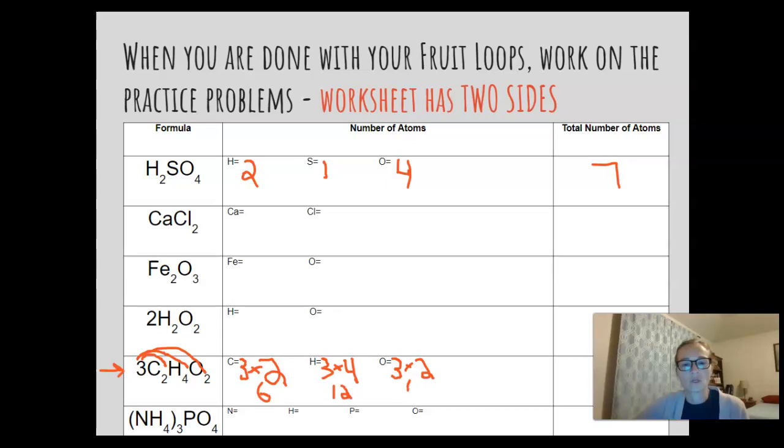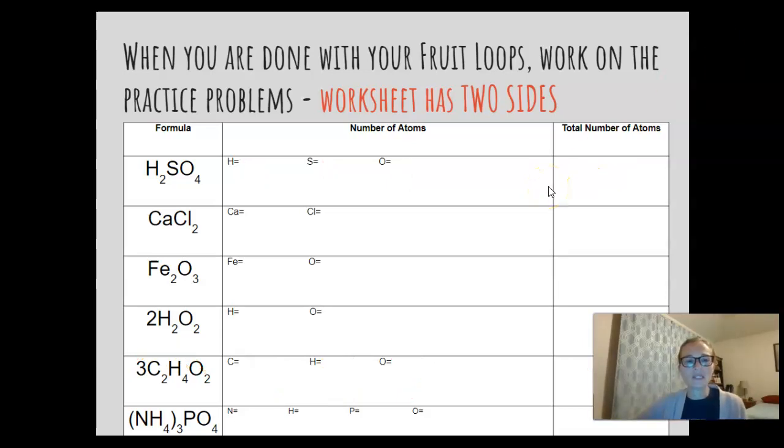And 3 times 2 is 6. Okay, so I have my number of carbon, my number of hydrogen, my number of oxygen. I need to add those together to get my total. 6 plus 12 is 18. Plus 6 more is 24. Okay, I think that made sense.